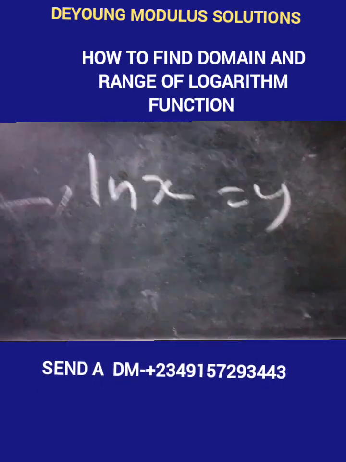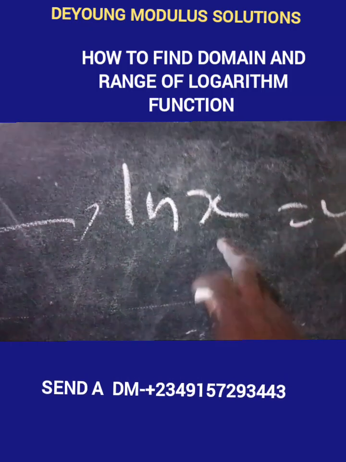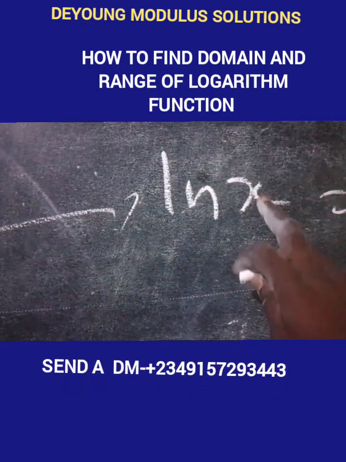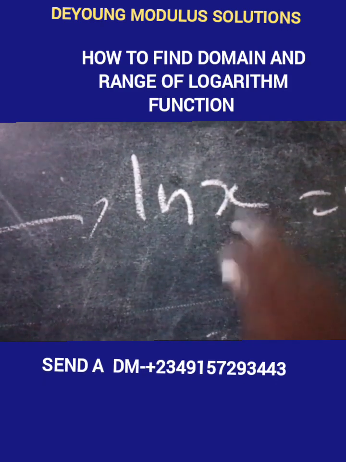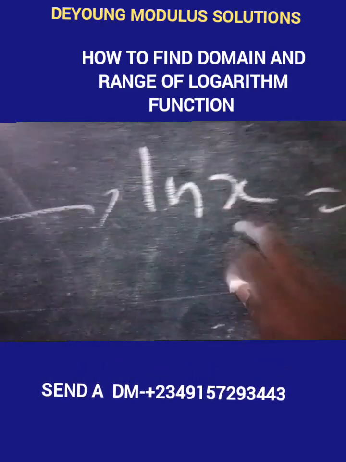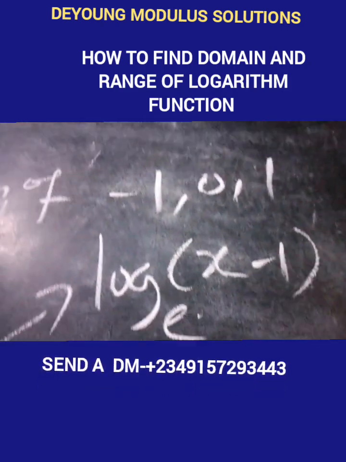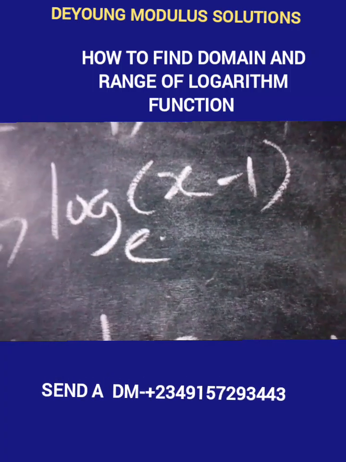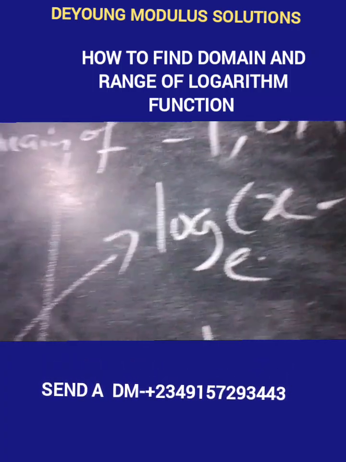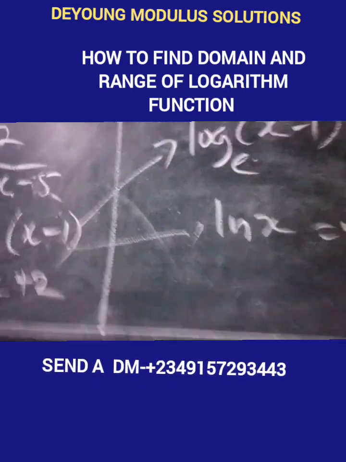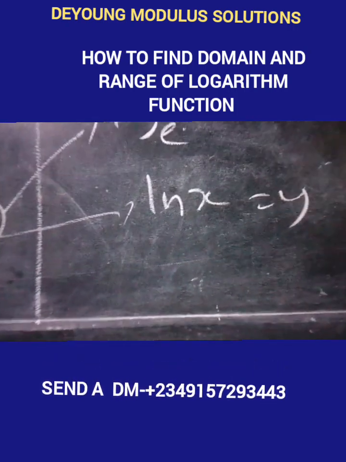So what does that mean? It means that the values of x that should come in here are numbers greater than 0. Anything that is less than 0 cannot come in here. So if you are having -1, 0, -2, -3, -5, anything down towards the left on your number line, such numbers cannot come in here, right?